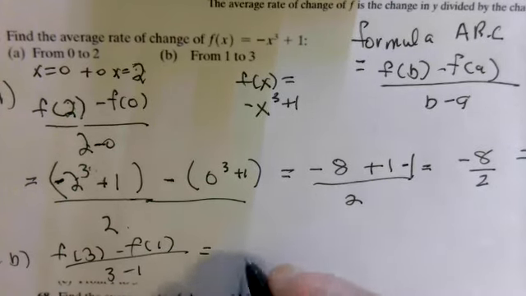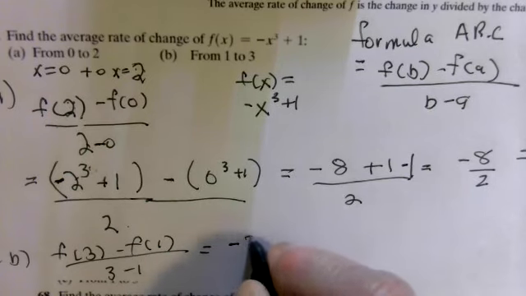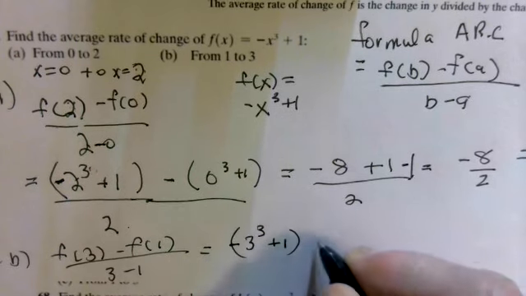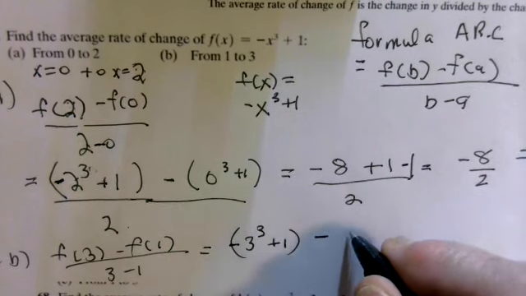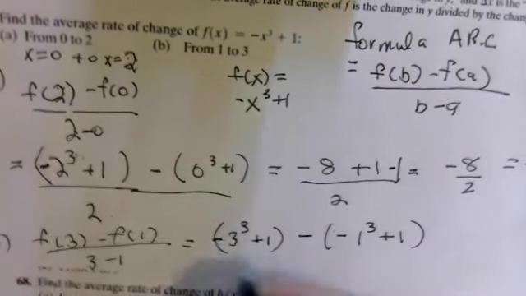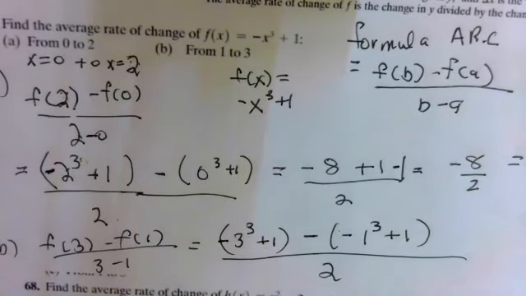So f of 3 is minus 3 cubed plus 1, and f of 1 is minus 1 cubed plus 1, and this is over 3 minus 1, which is 2.